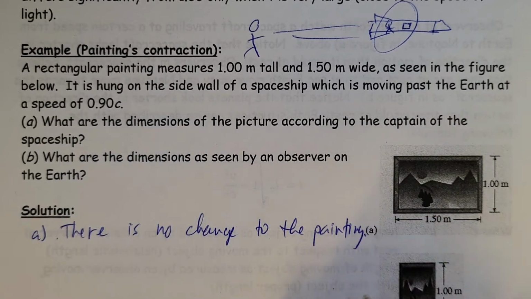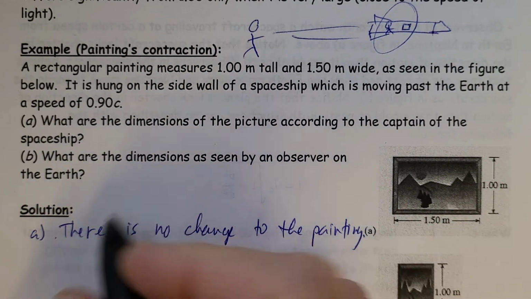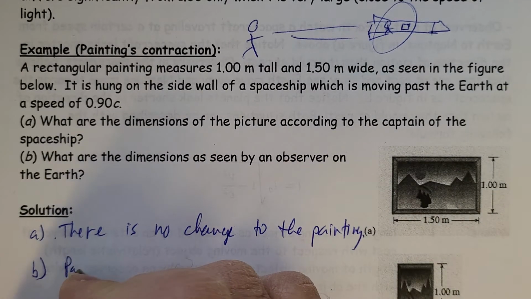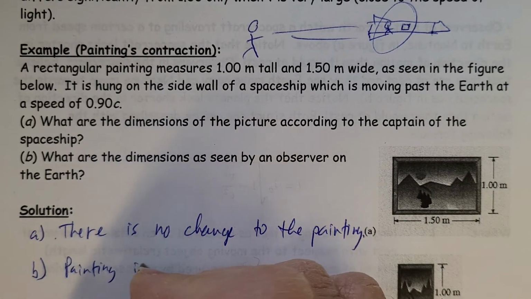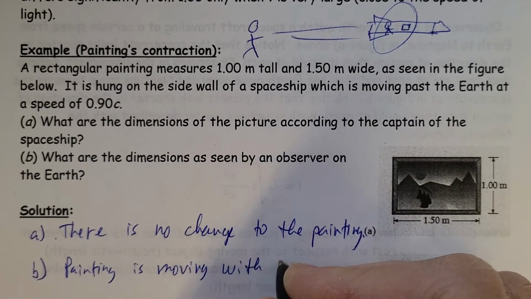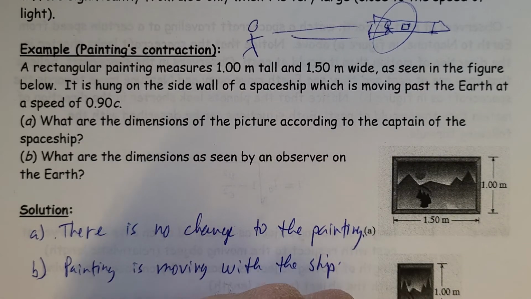It's still 1 meter high by 1.5. But to someone on Earth seeing this painting move, the painting is moving with the ship. So we have to apply this formula now. We have to apply this relationship.